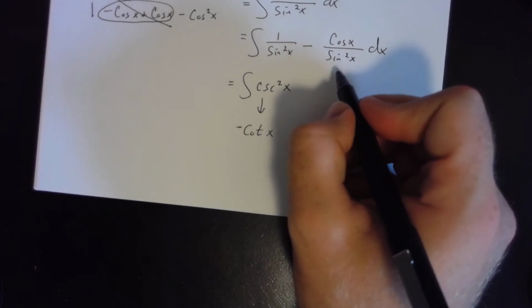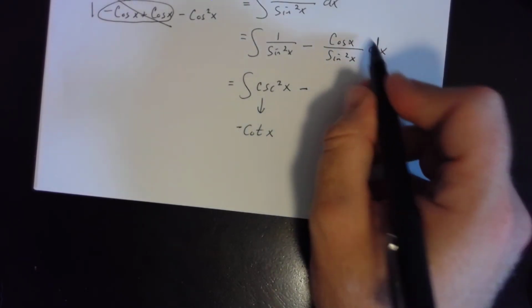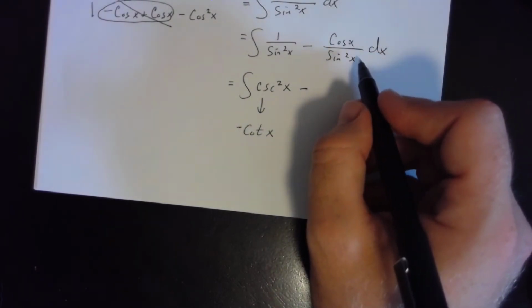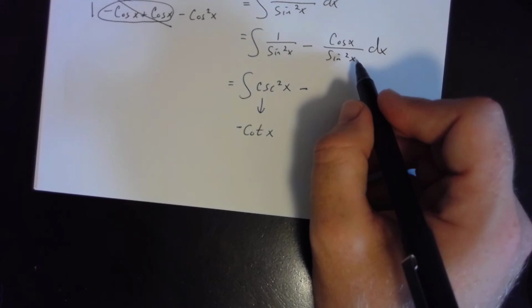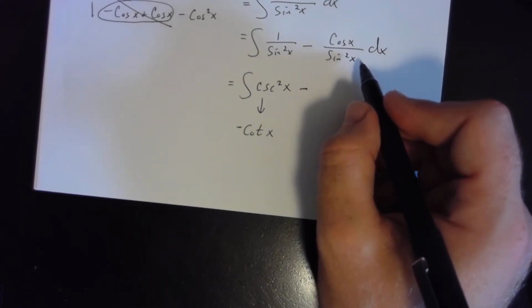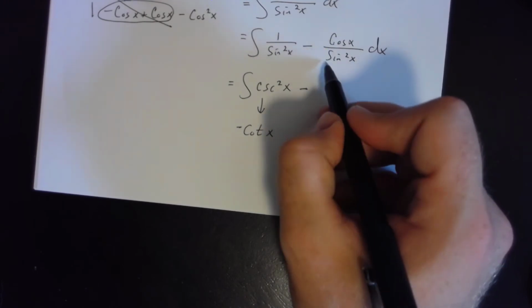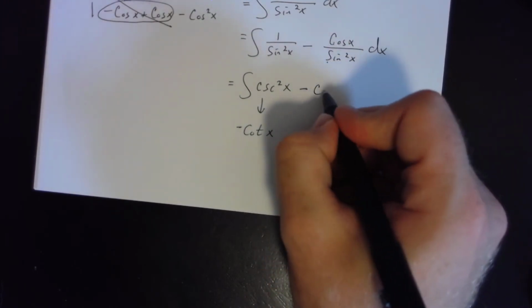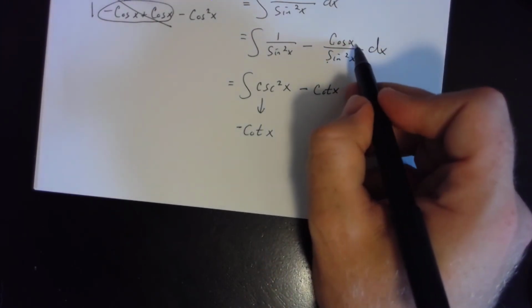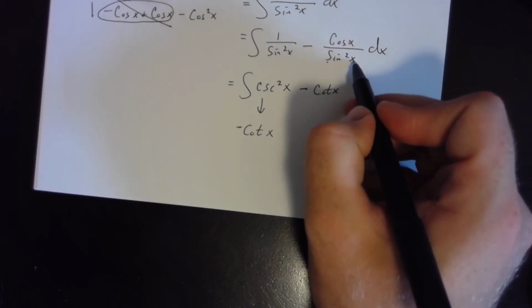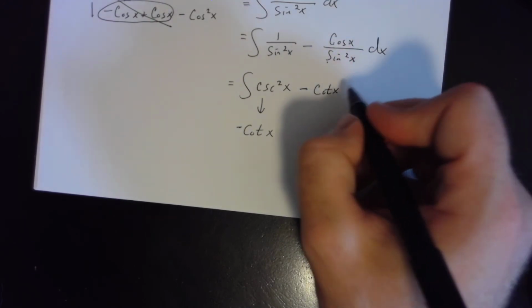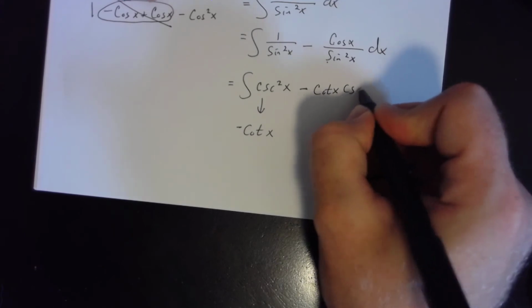This one over here, I'm going to manipulate a little bit more with the trig identities, based on our trig rules from pre-calculus, which we should have practiced a little bit in Calc 1 because they're coming back now. When I manipulate this one, we have a cosine over a single sine, which provides me with cotangent of x. But then I have a singular sine left in the denominator, which is nothing more than a cosecant of x.